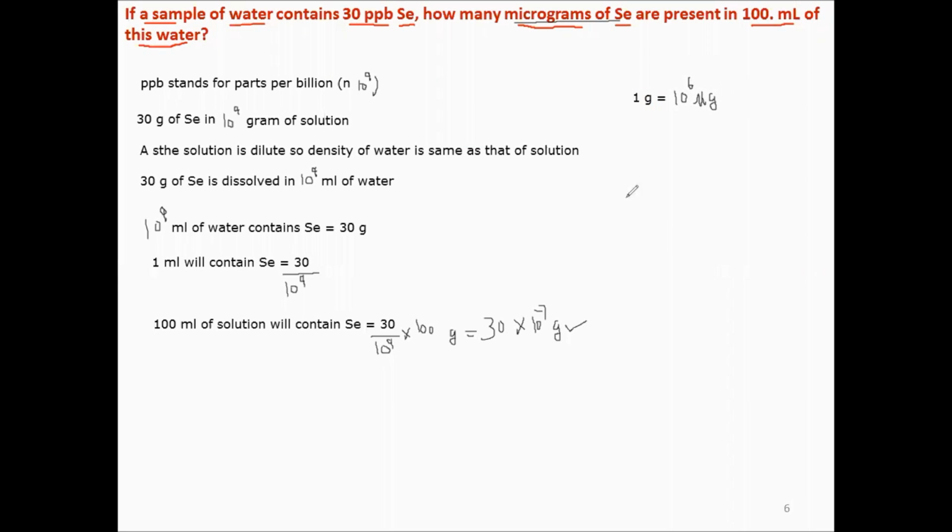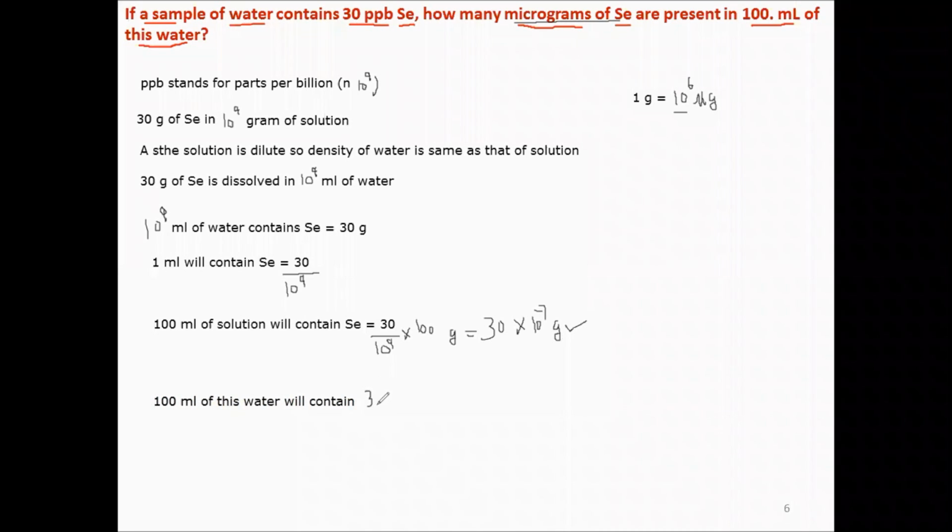So in order to convert this gram to microgram, we will simply multiply it by 10 raised to the power 6. So we will write here 100 ml of this water will contain how much?